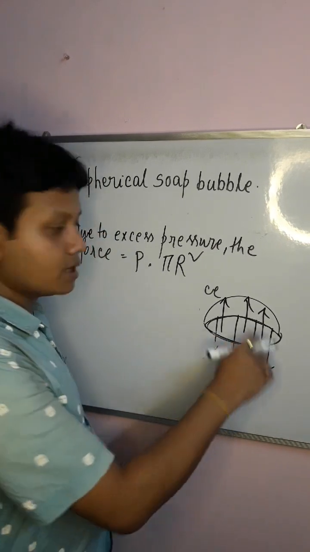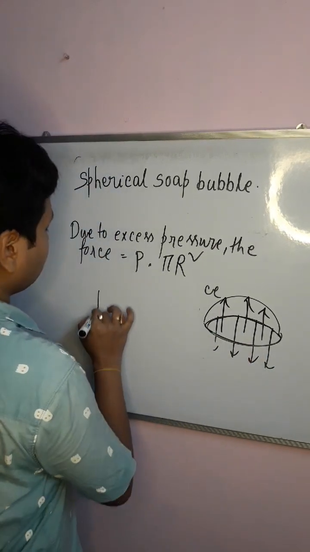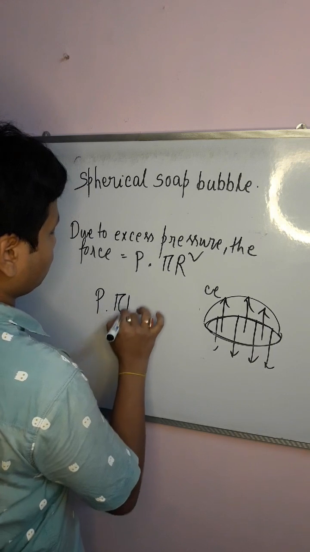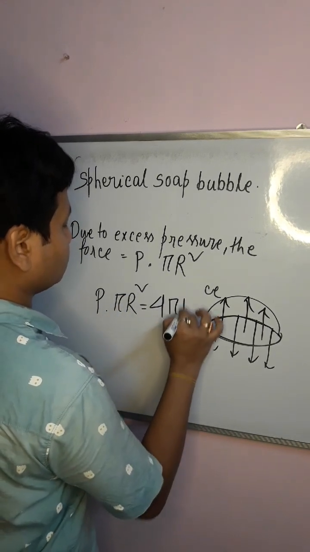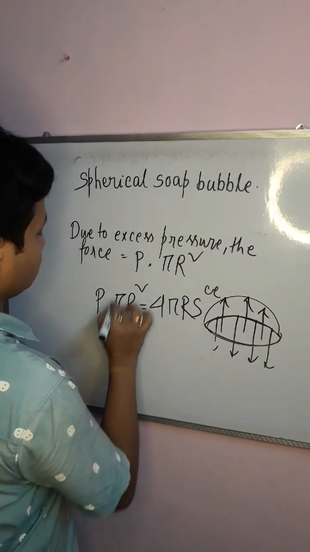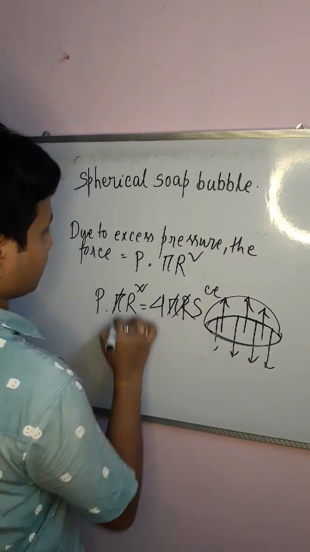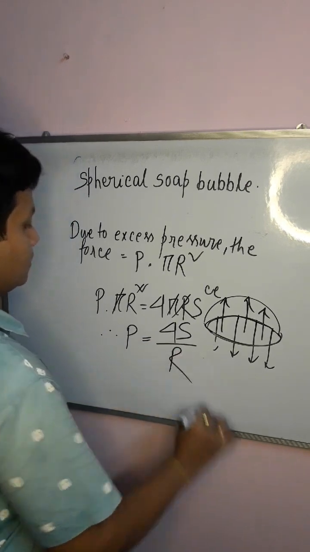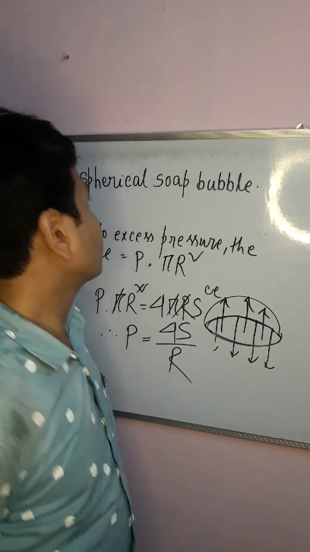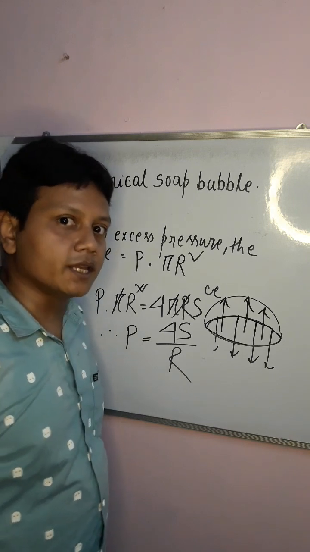In equilibrium, the two forces are equal. So this is the force due to excess pressure in the concave side, and this is the force due to surface tension. So pi cancels, one r cancels, so P is 4S by r. So this is the excess pressure in the case of a spherical soap bubble.